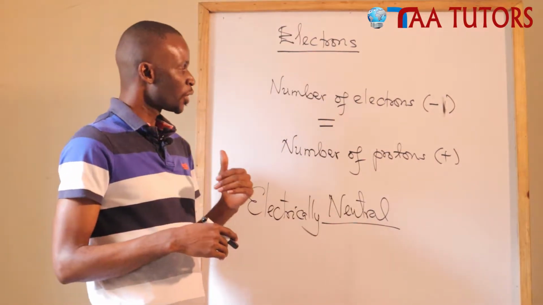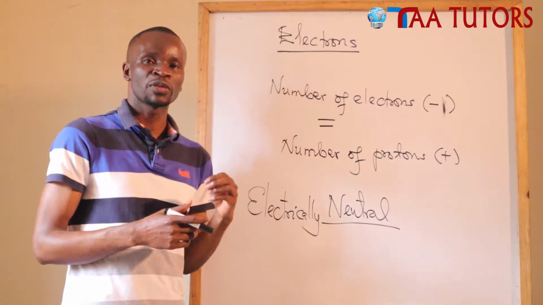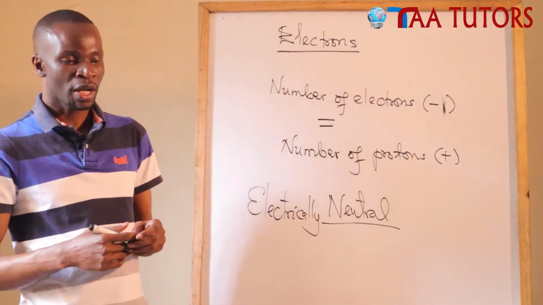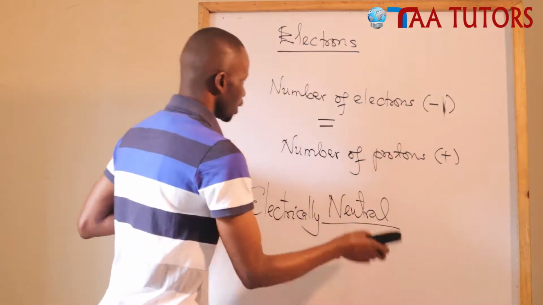Viewer, after understanding the relationship between the number of electrons and protons in an atom, I want to invite you to move further to see how electrons are arranged in the energy shells.